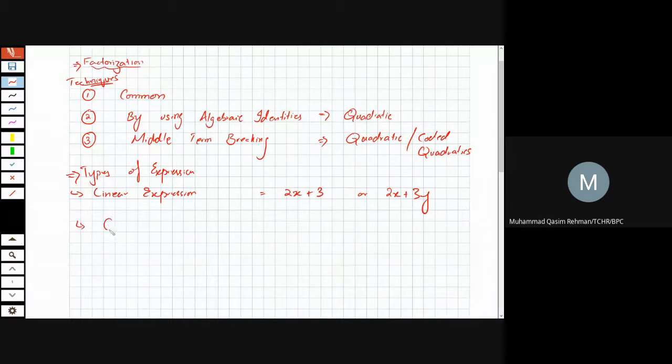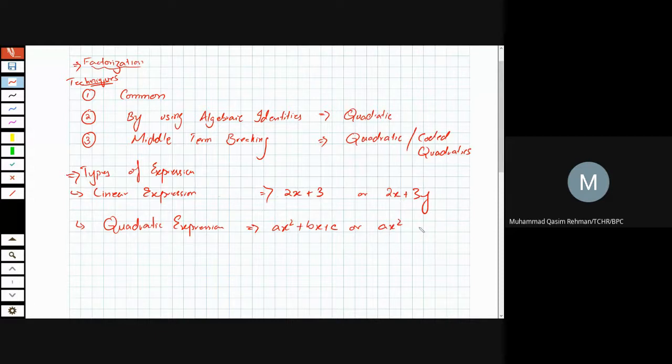And then we have quadratic expressions. What are quadratic expressions? ax squared plus bx plus c, in which we have a maximum power of 2. So a general example is ax squared plus bx plus c, or just ax squared.